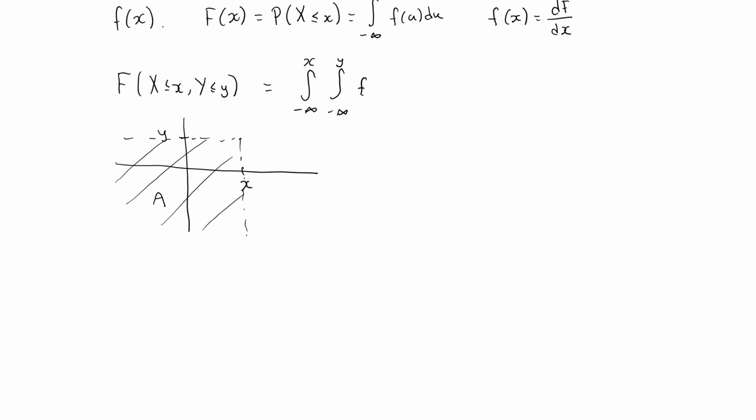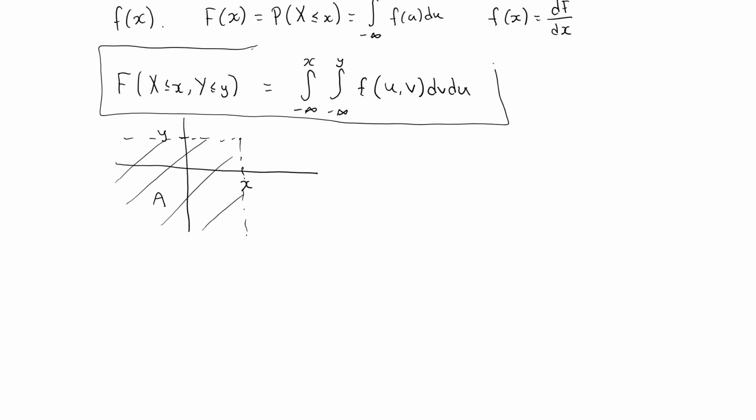In this case, it's not appropriate to use x and y as my integration variables because we have x and y in the limits. So I replace x and y with u and v, so dv du. This is how you calculate the CDF from the PDF in the case of several random variables. Just need to do a double integral.